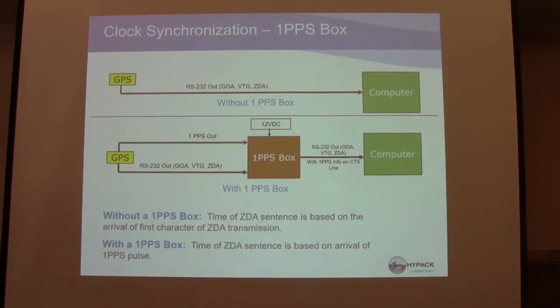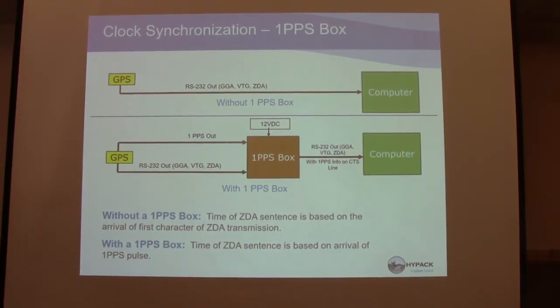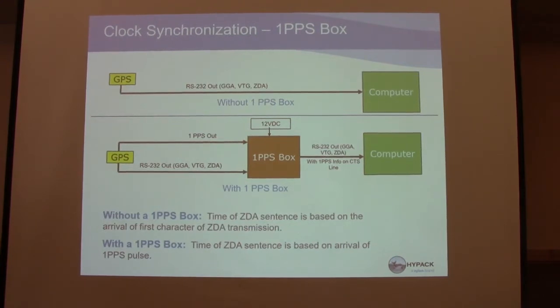What you do is you plug the GPS serial cable into this PPS box, and the BNC that comes from the GPS provides the pulse, and then our PPS box aligns everything, and then out of the serial cable we get a good time-synced ZDA GGA message for positioning.